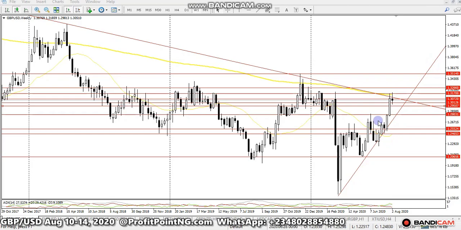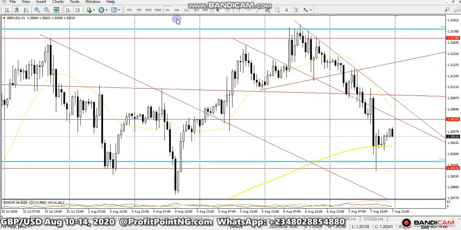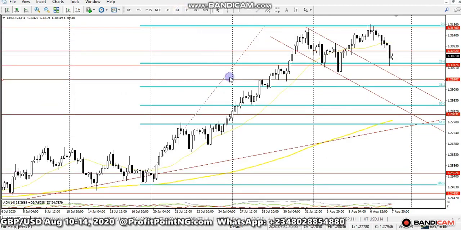And we need to remember that I said that the profits on the sell positions will not be allowed to run for too long a period of time, because this is just a slight reversal.